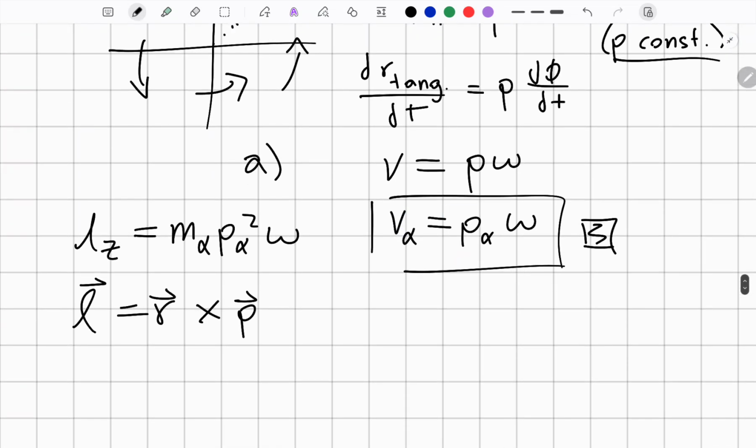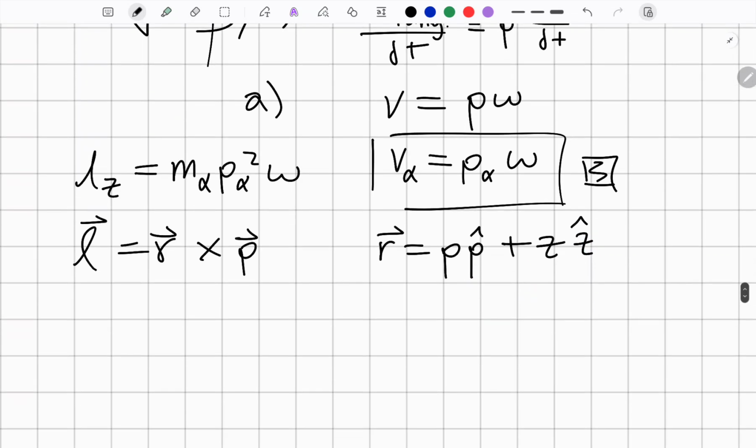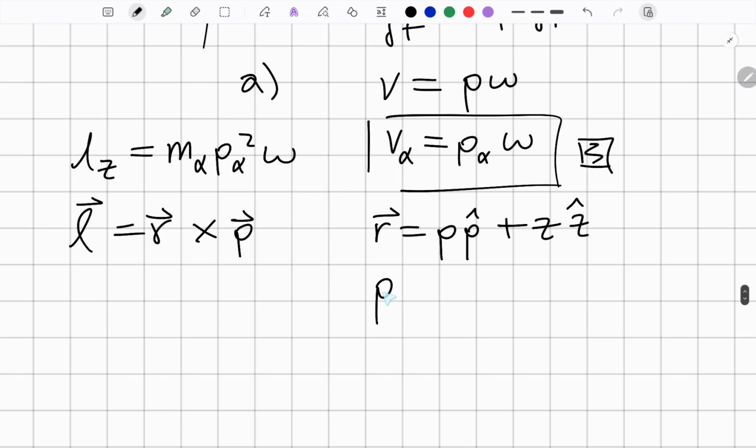For our position vector, we are going to have rho times that polar unit vector plus z times the z unit vector. And for our momentum, we know that we just found that our velocity is rho omega.